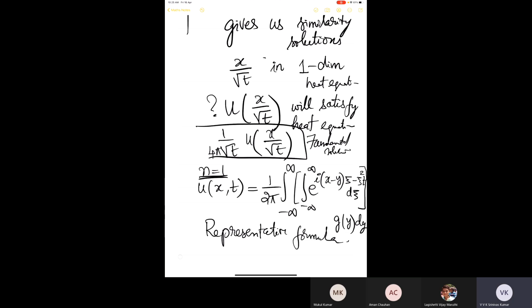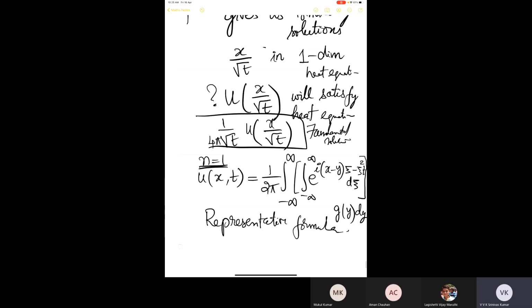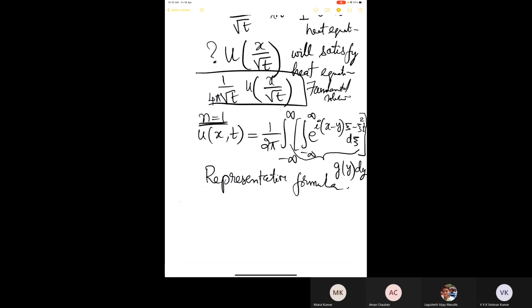And if you do the integration of this, that will come out to be what is called the heat kernel, K of x, y, t, equal to 1 upon square root of 4 pi t, exponential minus of (x minus y) whole square upon 4t.